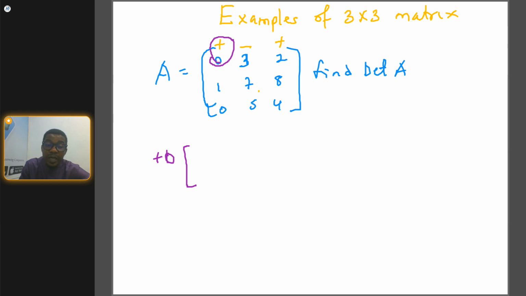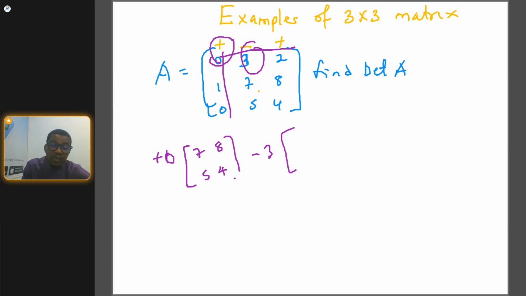When you cancel the row where 0 is, you cancel this, and you cancel this as the column. So we'll be left with 7, 8, 5, and 4. The next one is minus 3. So we have minus 3 outside.